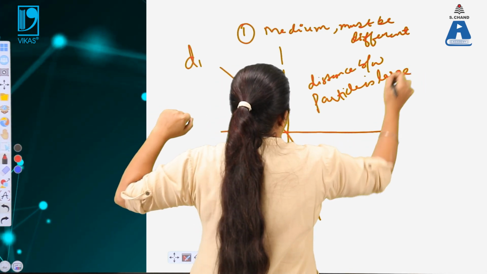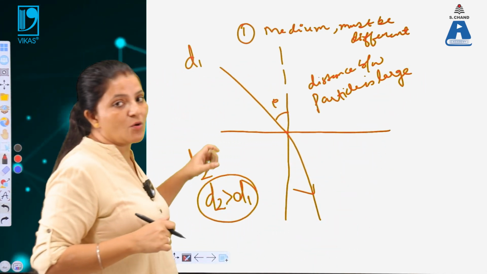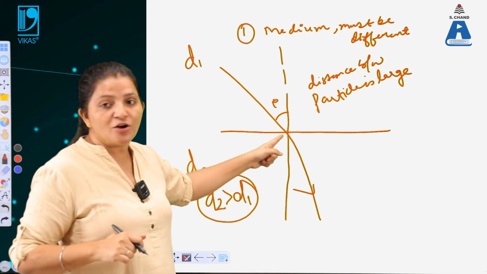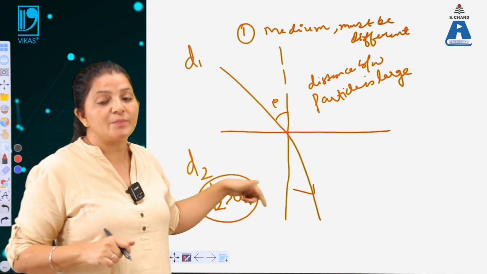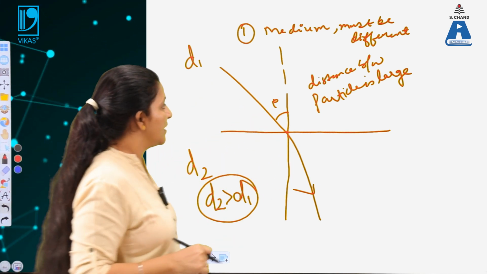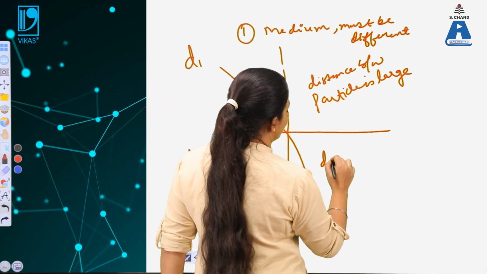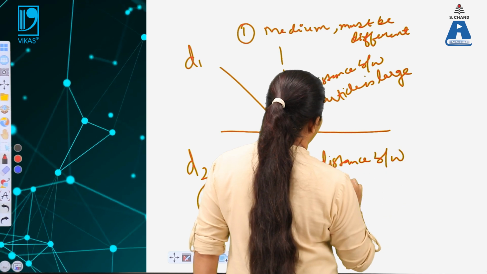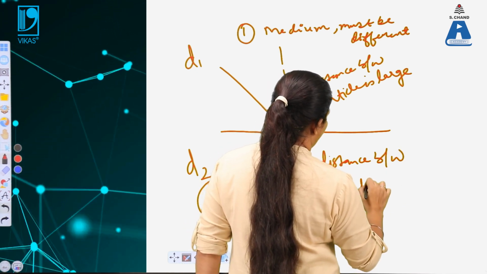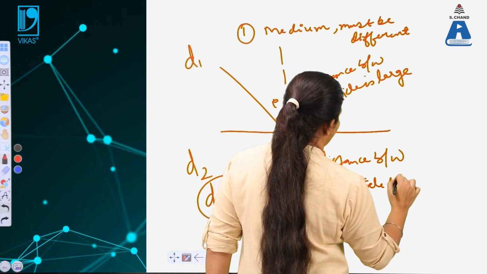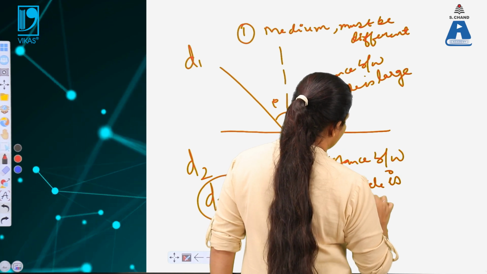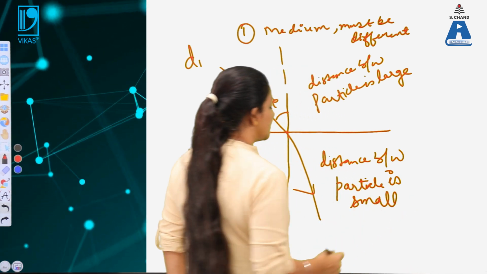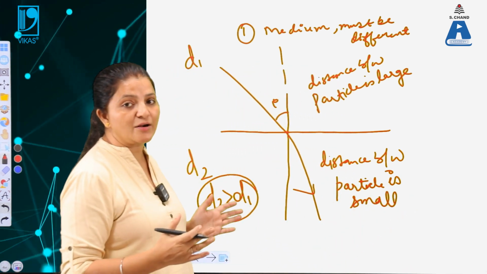If the distance between particles is large, density is small, then what will be the speed of incident light? That will be different. While in this case, the distance between particles is small. That means particles are closely packed to each other.